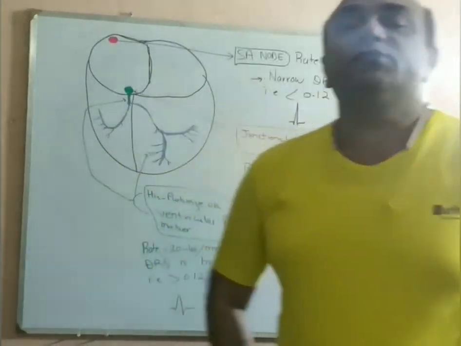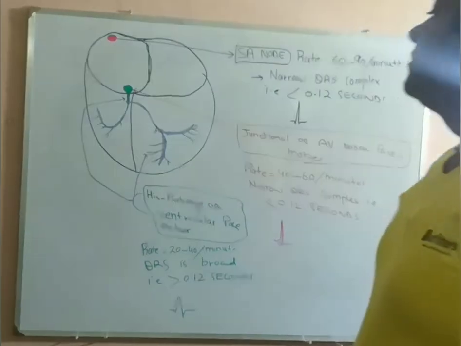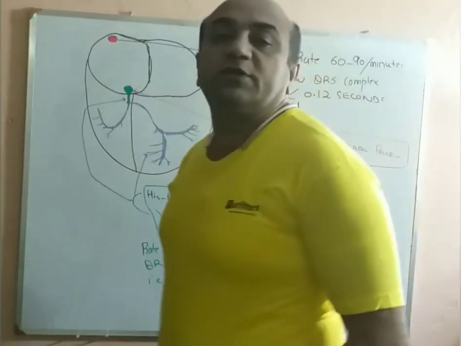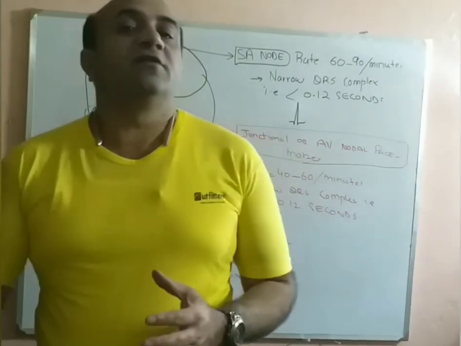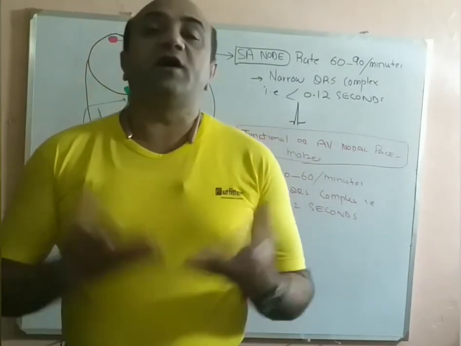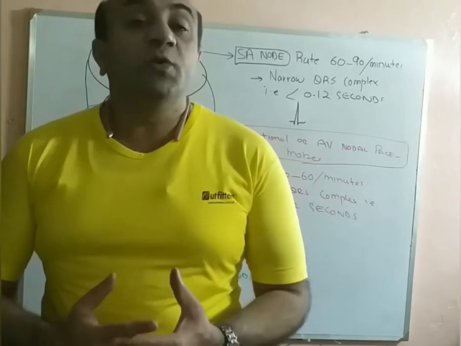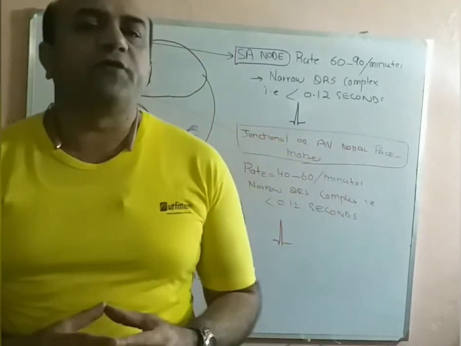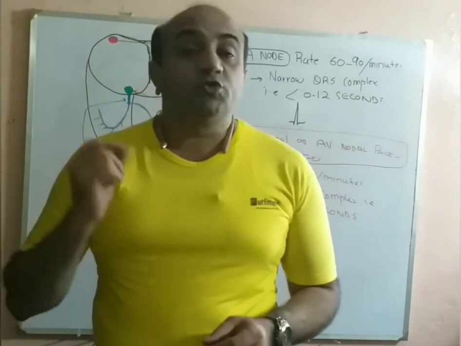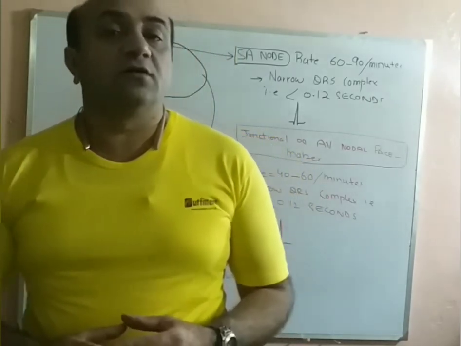It explains one very important fact, that normally when we talk about the pacemaker of the heart, we think that the SA node, or sinoatrial node, is the only pacemaker of the heart, which is running the heart. But that is not the fact. Actually, there are three pacemakers in the heart.